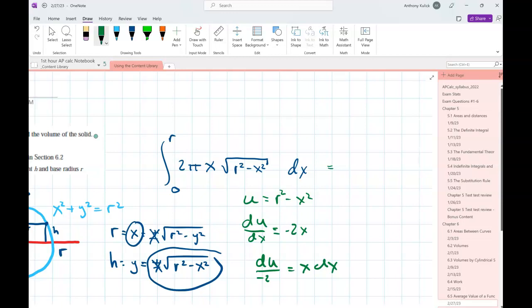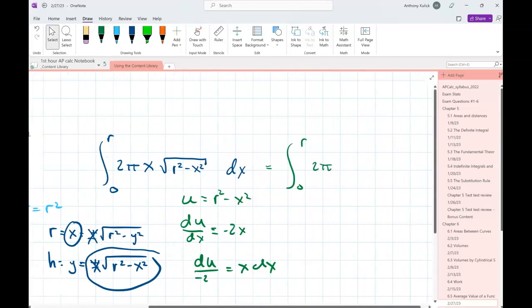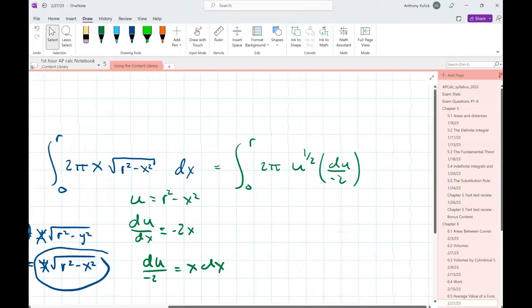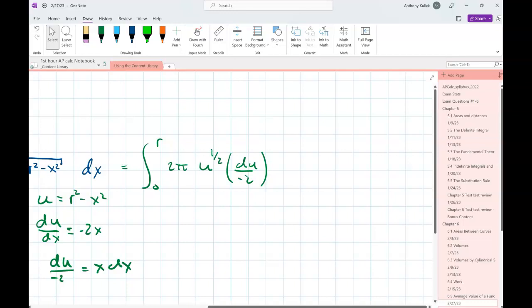So let's go ahead and make our substitution. So 0 to r, and we have 2 pi, and then we have u to the 1/2 times du over negative 2. And I'm just going to go ahead and do that. Okay.